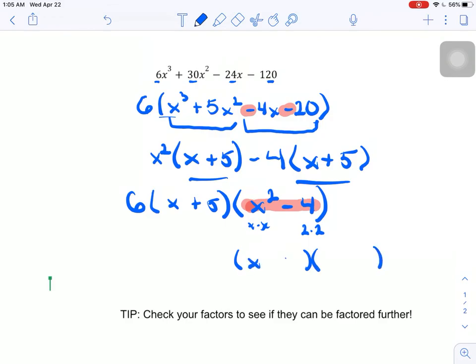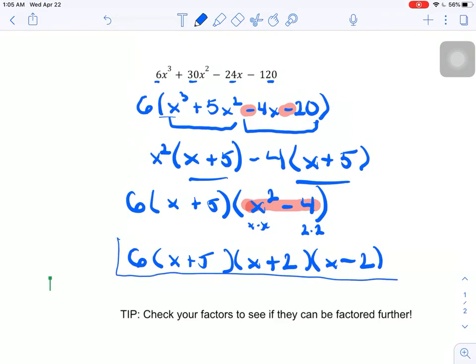So that means the numbers I originally multiplied were an x and a 2. One gets added, one gets subtracted. And then we've still got the x plus 5. We still got the 6. So this all factored out looks really long. That is our final answer completely broken down.